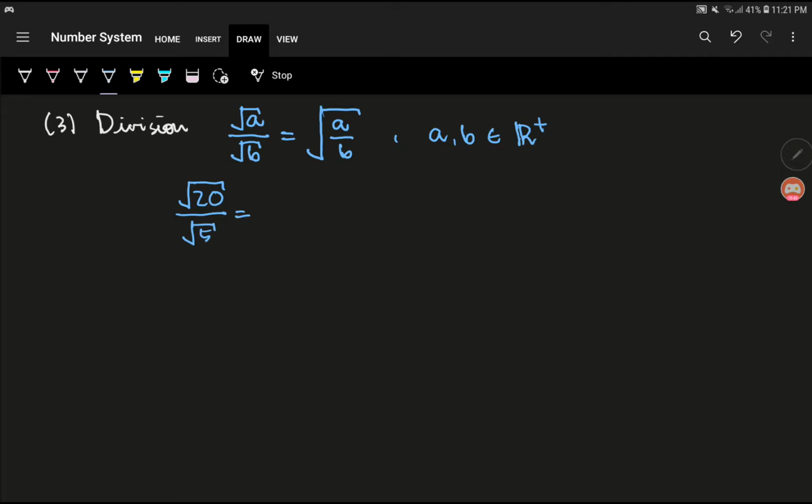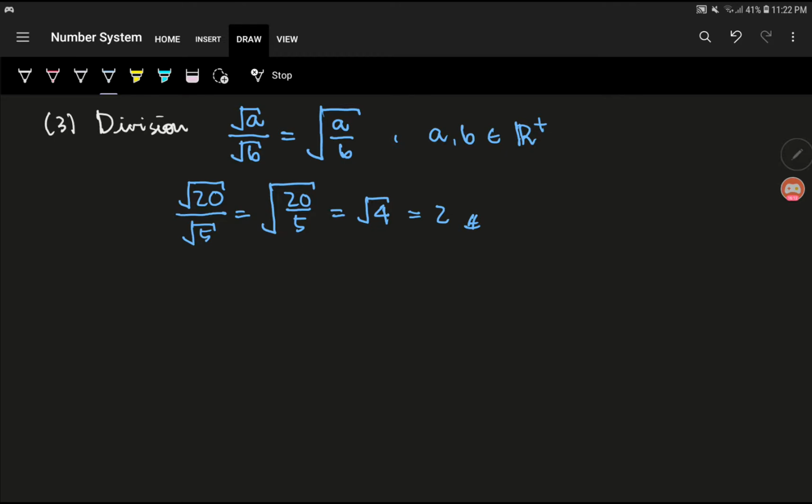According to this rule, we can rewrite it under one surd, that is surd 20 over 5. And 20 over 5 we can simplify it. 20 divided by 5 is 4. So surd 4, and 4 is a perfect power of 2. So now our answer is 2.